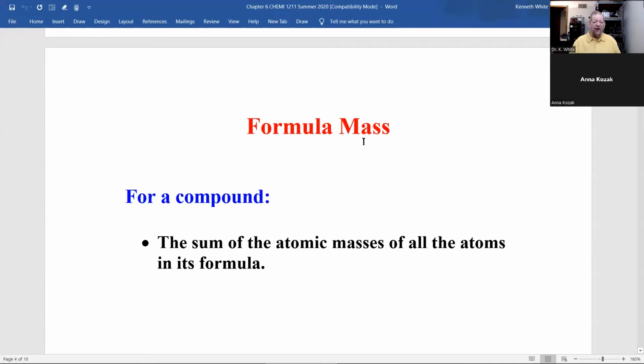Now, there's a concept called formula mass, and I'll use the term molecular weight.